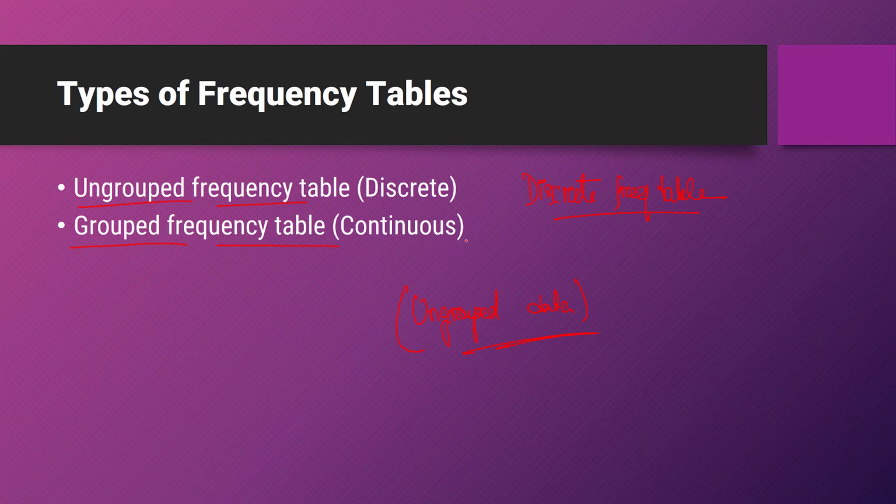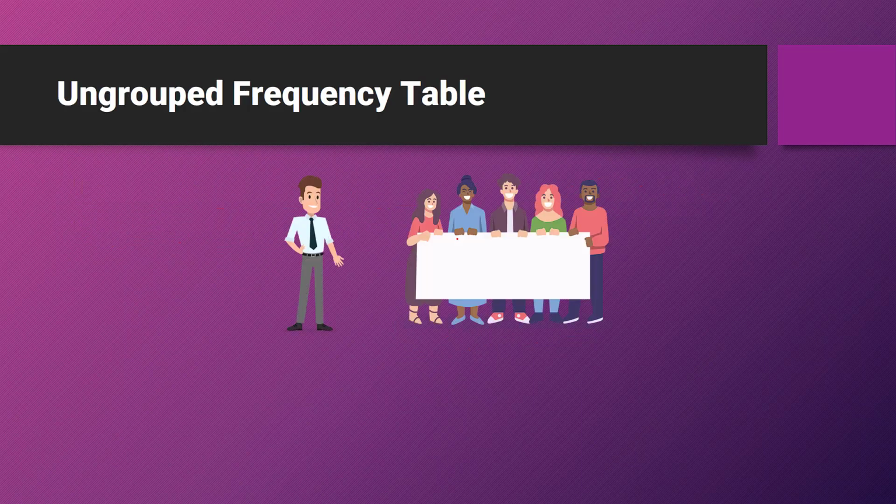If you make certain kind of grouping, either discrete or continuous, those are called frequency data or grouped data, right? So depending on how you group the frequencies, we have two different types of frequency table. One is discrete and one is continuous.